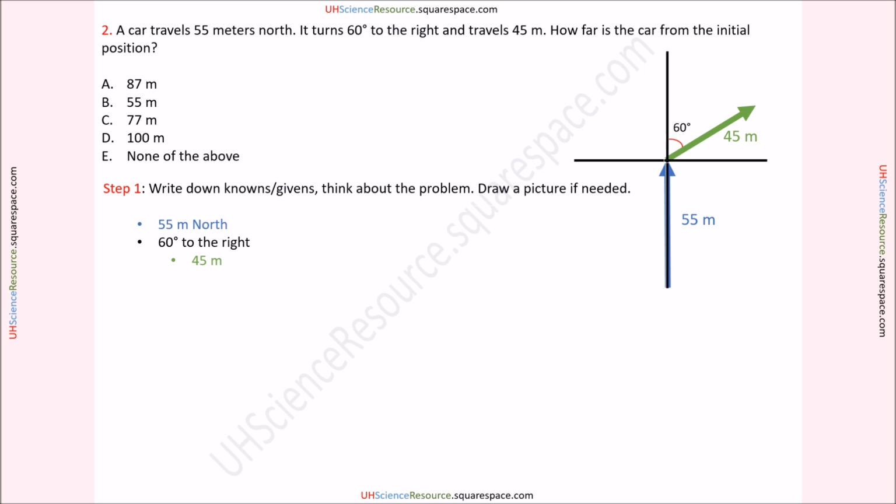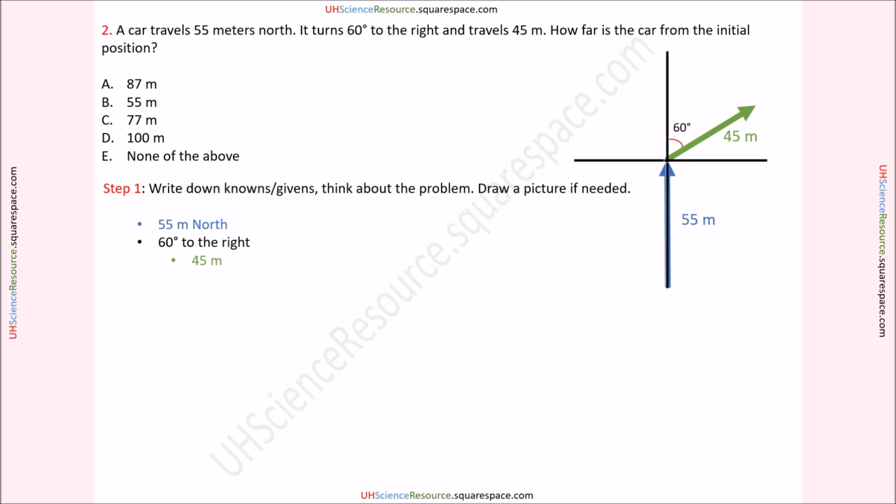The amount traveled is 45 meters, given by the green arrow. That's the distance the car has traveled.